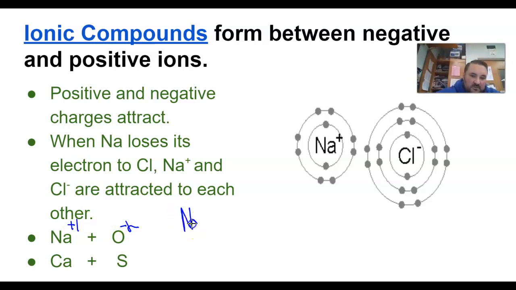So sodium 2, which will give me 2 positives. I already have 2 negatives. Oxygen. Calcium forms positive 2. Sulfur forms a negative 2. So this one, you don't need any balancing, so it just becomes calcium sulfide.